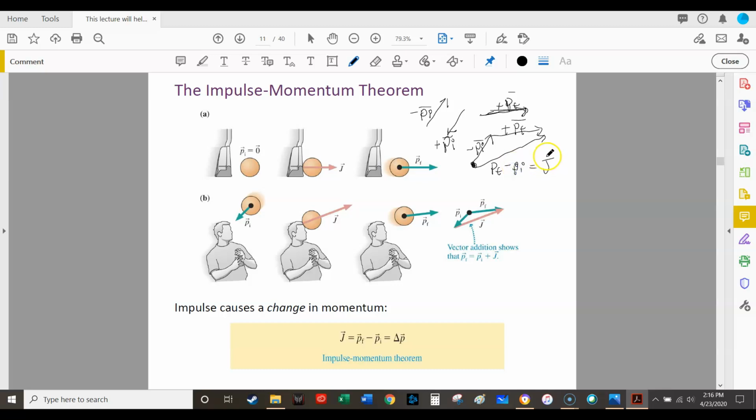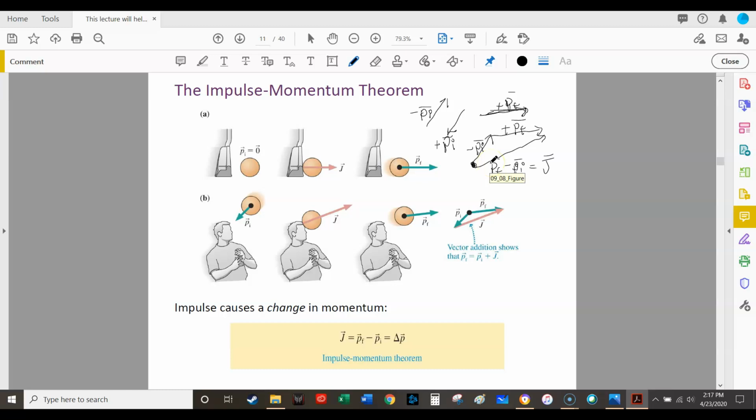The J vector is the change in your momentums, right? And so that's the difference between the two, okay? And that's how they got this. I kind of don't like doing vector subtraction this way. I like reversing one of the vectors and then vector addition, right? So this makes more sense to me.